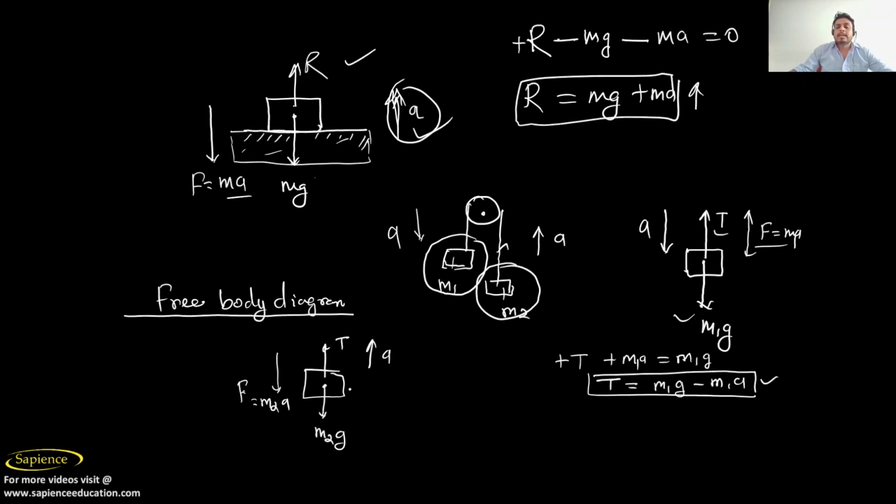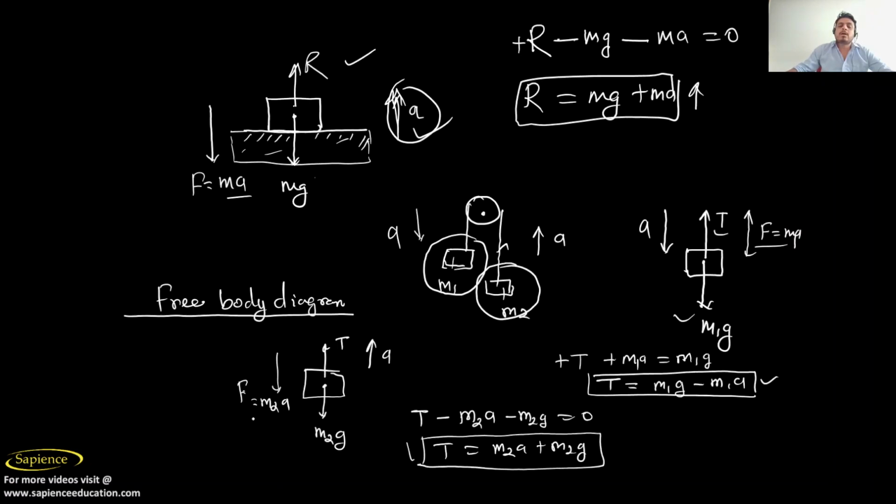Now by solving this, you need to make the net force zero. So how will you make it zero? See here, above direction T is the tension, below minus m2a minus m2g, and this will be equal to 0. So finally your tension will be m2a plus m2g. So this is the second equation.